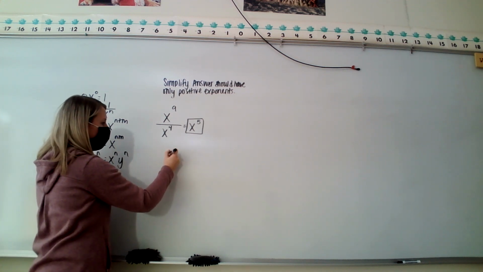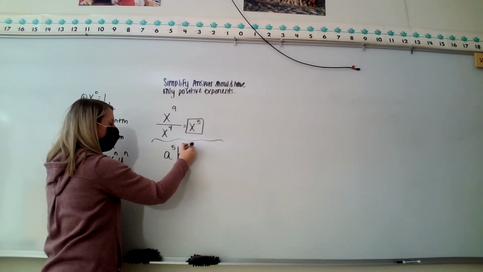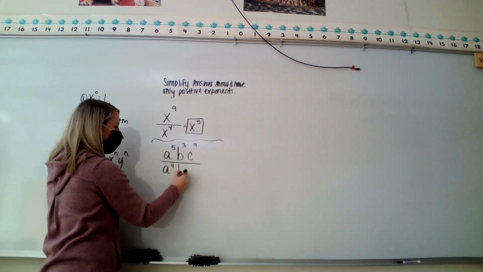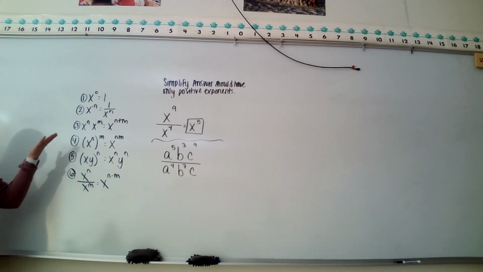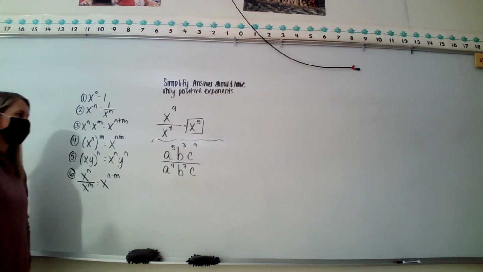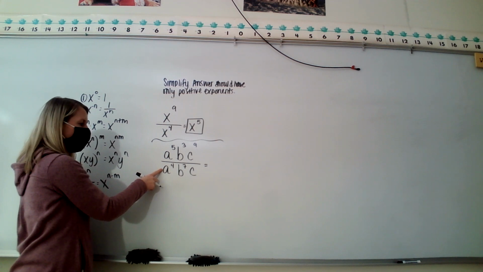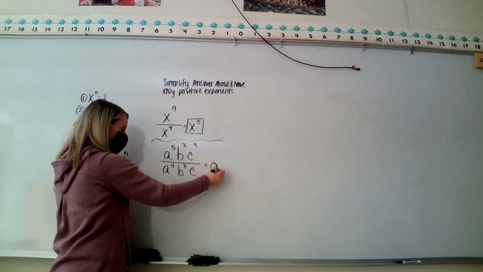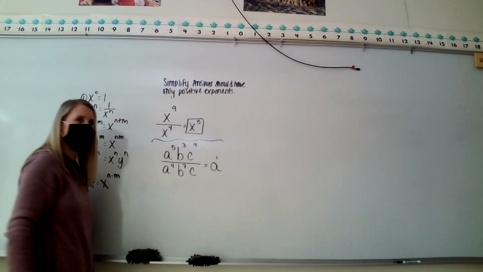So we can have other things like a to the 5th, b to the 3rd, c to the 9th, over a to the 4th, b to the 7th, c. So this one really is the same thing as the first one, you just have more than one base, so you just have to organize your brain here. For the a's, when I divide a to the 5th divided by a to the 4th, I will get a to the... Just a.